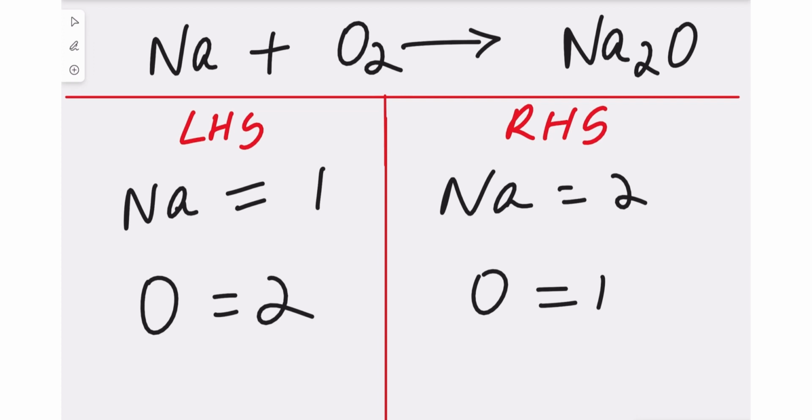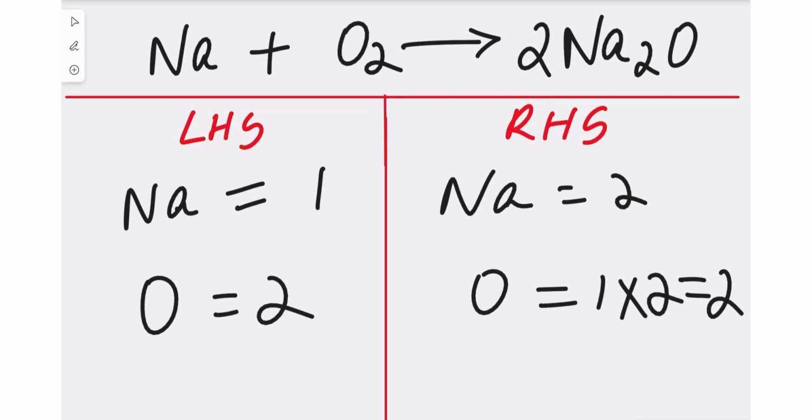So we're going to start off by balancing the oxygen atoms on the right hand side by adding 2 here. So when we are adding 2, its oxygen turns into 1 into 2, which is 2, and the atoms are balanced on the left hand side and right hand side for oxygen.